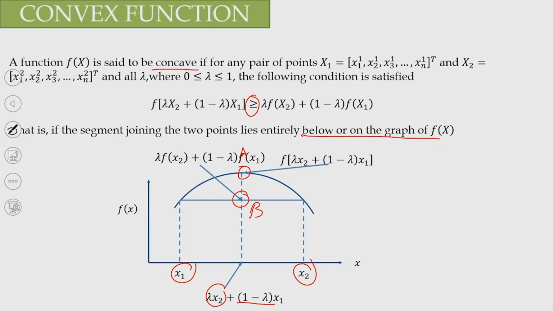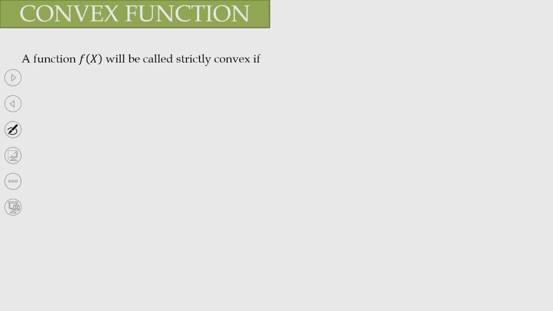Now, if the condition is not satisfied, then we will call the function a non-convex function. A function f x will be called strictly convex if this is less than. In case of convex it was the less than or equal to type, but if it is strictly less than, we will call it strictly convex.